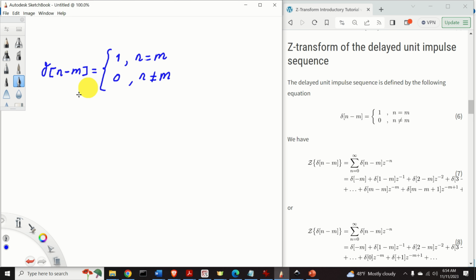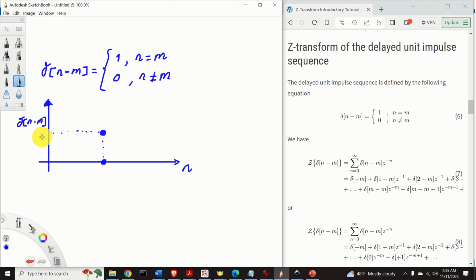Let us graphically illustrate this sequence. Here it is. Over here is n, and over here is delta of n minus m. Let's see what happens over here. When n is equal to m, for example, over here, we have 1.